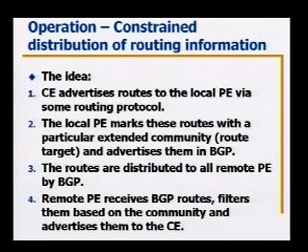The PE is going to mark these routes with a particular extended community called the route target and advertise them through BGP to all the other PEs in the network. The remote PEs are going to filter these routes based on the extended community and advertise them back to the CEs.